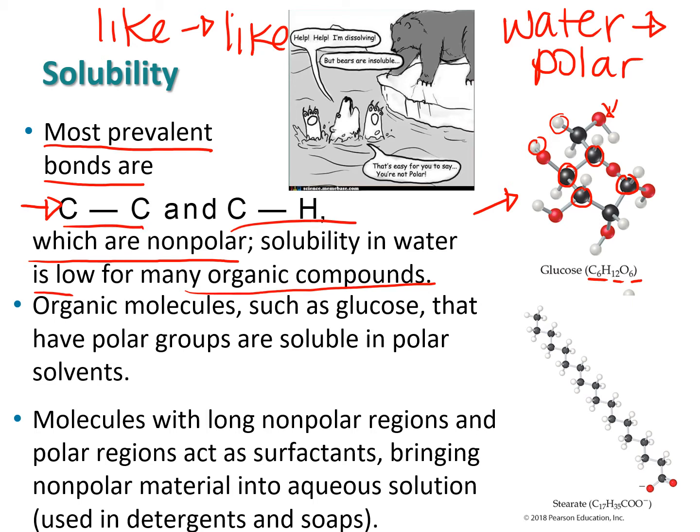And these groups, and let me erase so I can point out in a different color because it's hard to see, these groups are actually OH groups, and we will talk about those in the functional groups video. But these groups allow for similar interactions to be occurring between this and water, which is superpolar. So having those polar groups make the overall molecule soluble in polar solvents.